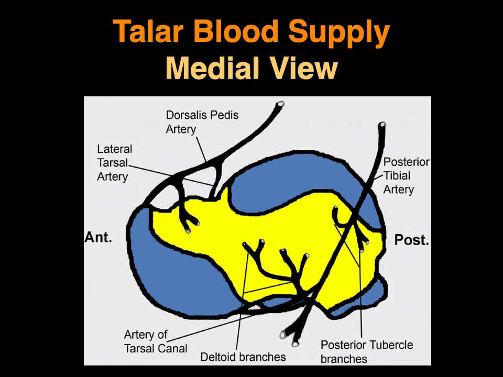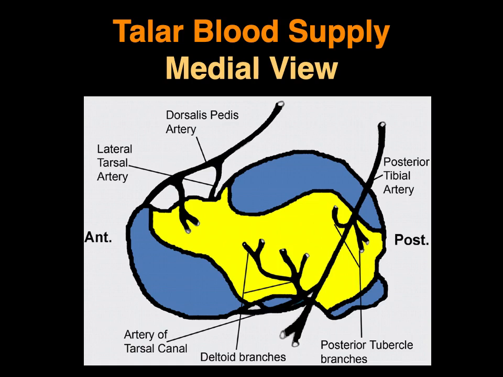The talar blood supply is crucial to understanding the pathology and healing of many talar pathologies. This is nowhere more true than with talar neck fractures. In this cartoon, the talus is viewed from the medial side, and you can see that there are two arteries supplying the anterior portion and part of the posterior portion of the talus.